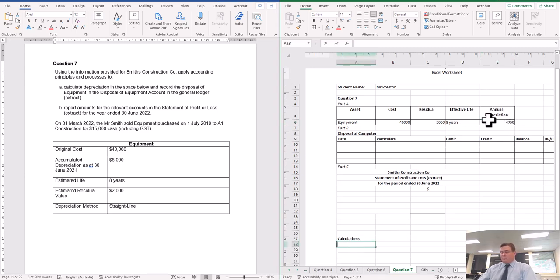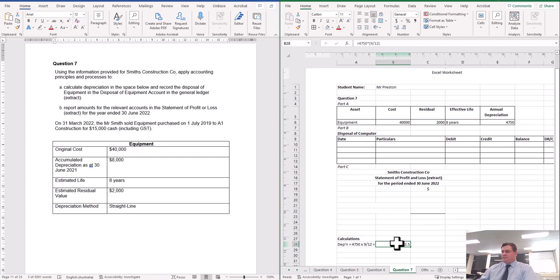So if the depreciation is 4,750, I need to multiply that by 3/4, or if you like, 9 months of the year, which is 9/12. So that will give me $3,562.